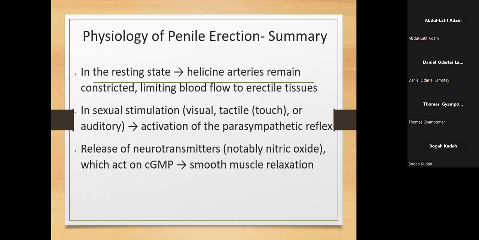As scientists and as mature as we are, we have to know what we call erogenous zones. We'll talk more about that when we're dealing with the prostate. There are certain portions of the body that are so sensitive. For example, the glans penis, the head, is so sensitive that whenever you touch it, you get some sexual stimulation. So the glans penis becomes an erogenous zone.